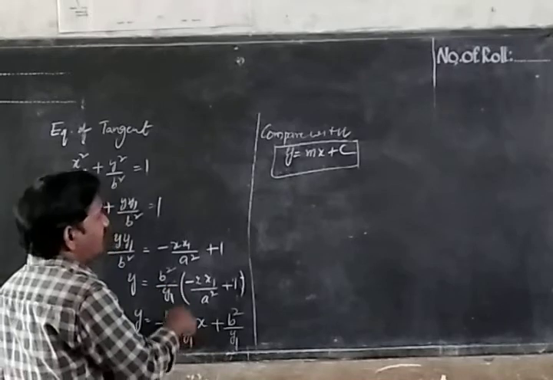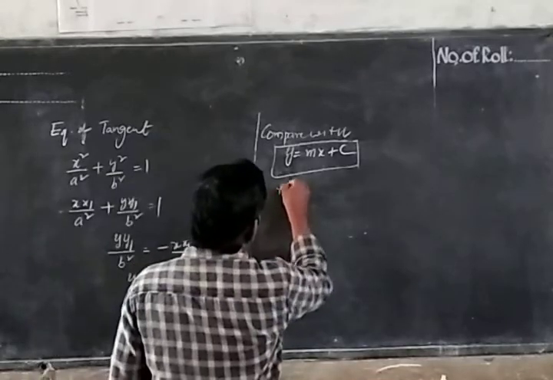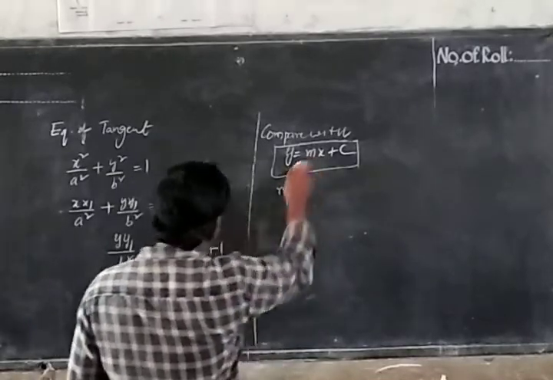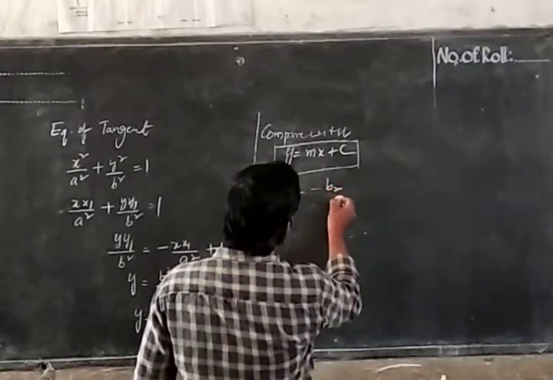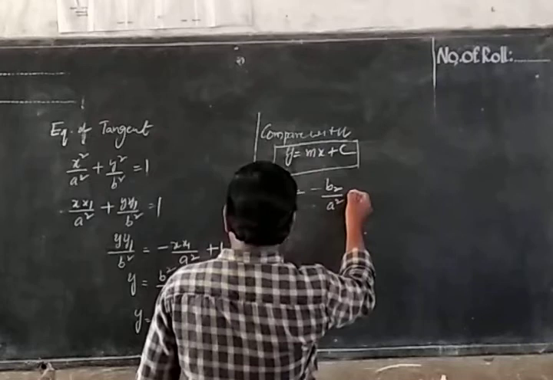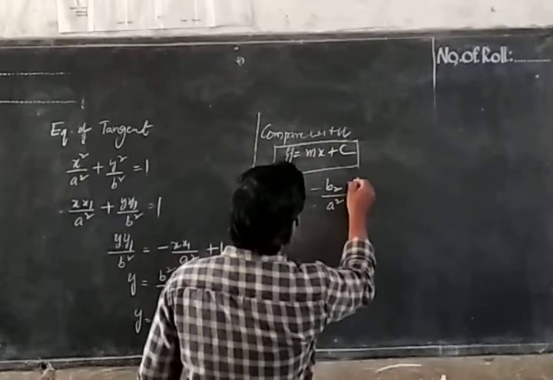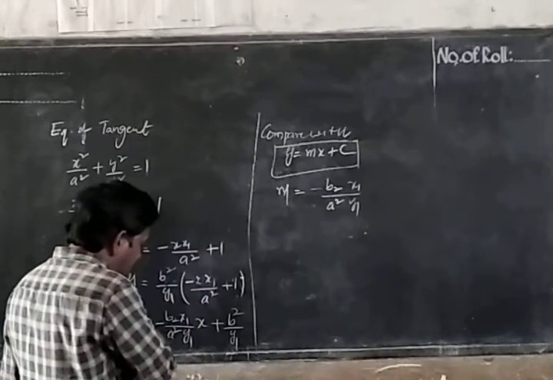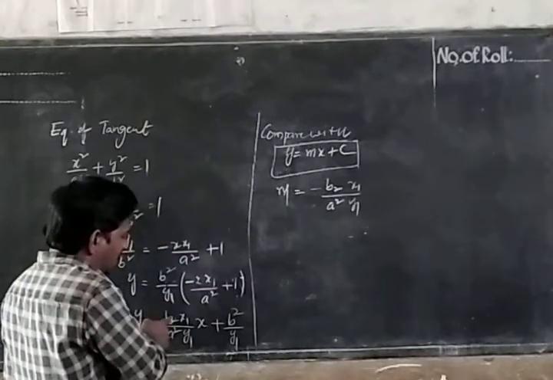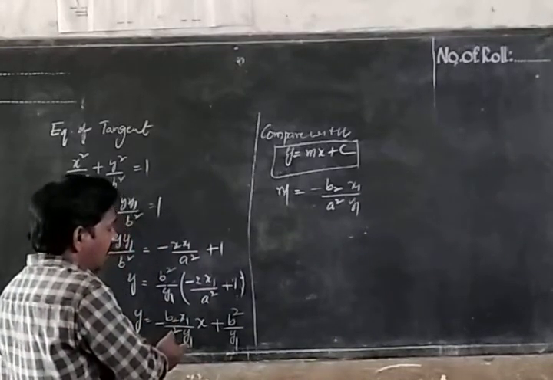In the place of m, which one is there? Here m equal to minus b square x1 by a square y1.